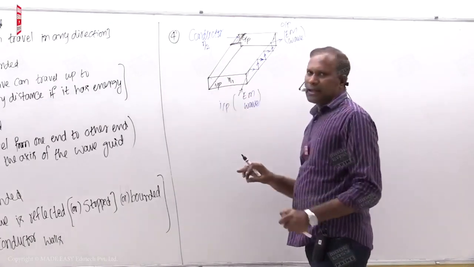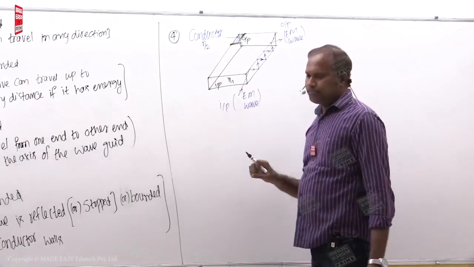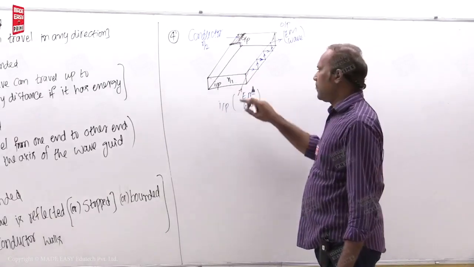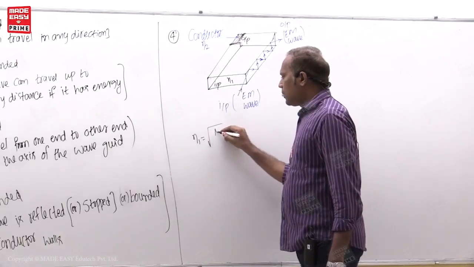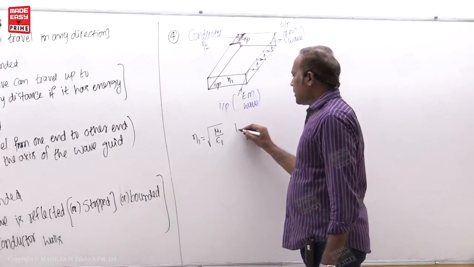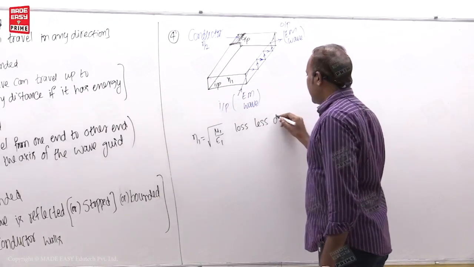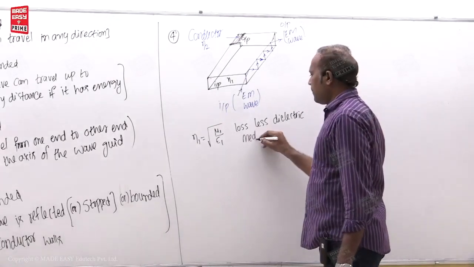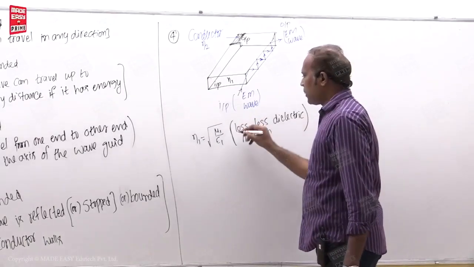Now eta 1 is for a lossless dielectric. Generally we fill air medium, or otherwise a lossless dielectric. So here eta 1 is root of mu 1 by epsilon 1, because we take a lossless dielectric medium, because sigma is 0 for that.